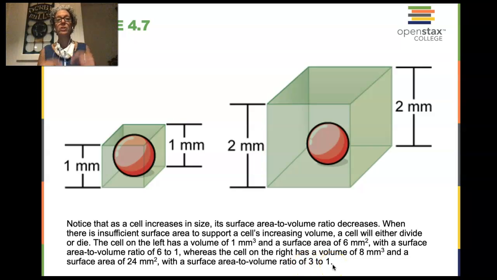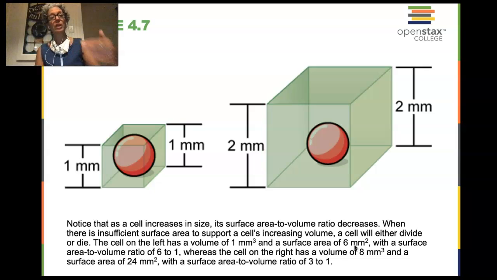So if we double the length of one side, we have dramatically decreased our surface area to volume ratio because we increased our surface area from 6 to 24. That's a 4-fold increase, but our volume went from 1 to 8. It's an 8-fold increase.